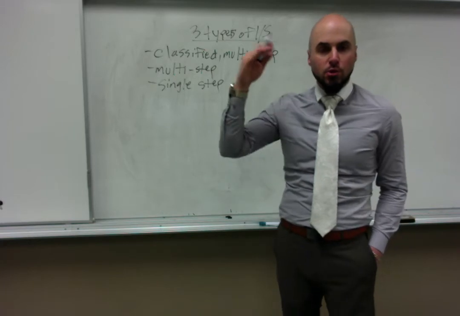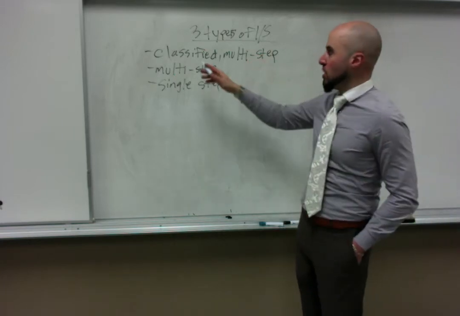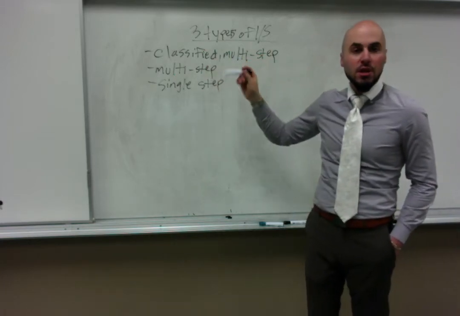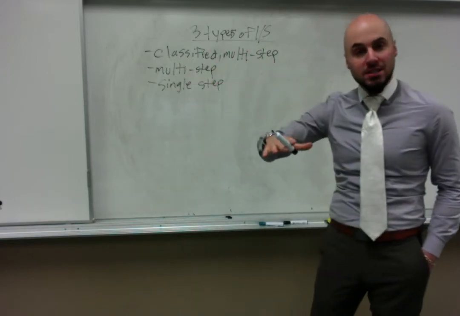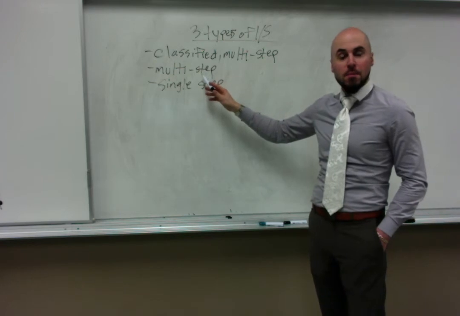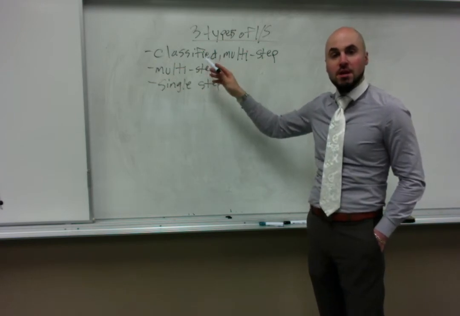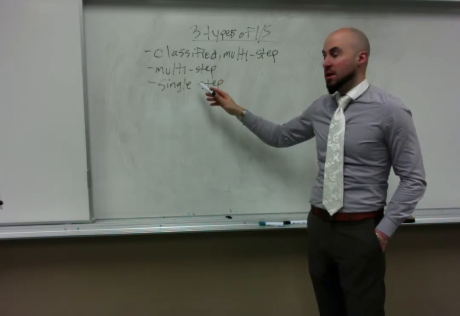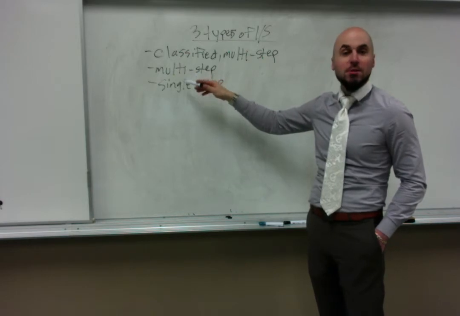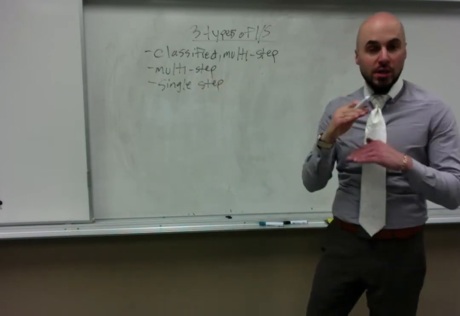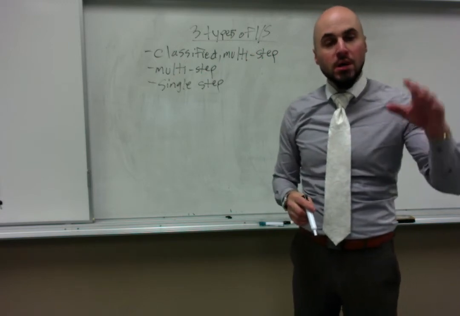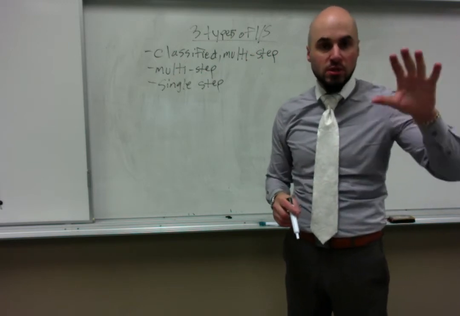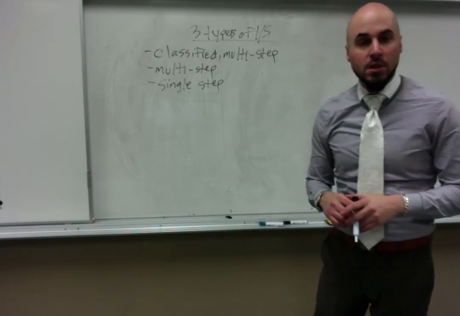Okay? Because you're still doing the same math, it's just you're showing more details in the calculation in the classified multi-step, and then a little bit less detail in the multi-step than in the classified, but still more detail in the multi-step than in the single step, which is very limited in terms of how the numbers got there, but it's still showing you the main numbers, the revenues, the expenses, and the net profit.